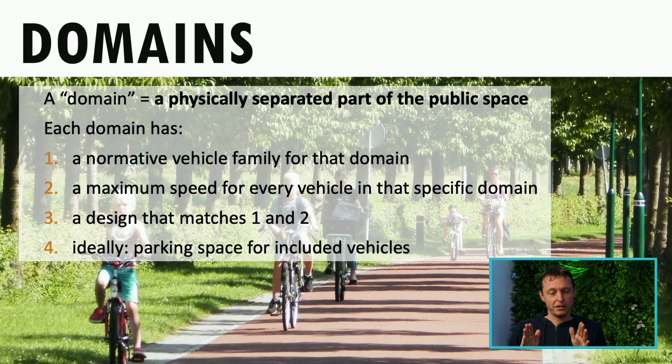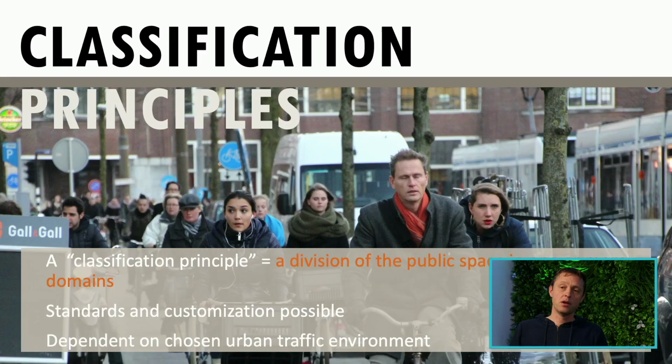But, of course, there's always a normative vehicle family, a normative domain that fits what we set in the traffic environment. But there may be other domains which may be slower for other vehicles, and more strict rules will apply there. And maybe it's best to show it by the second concept on a local level.